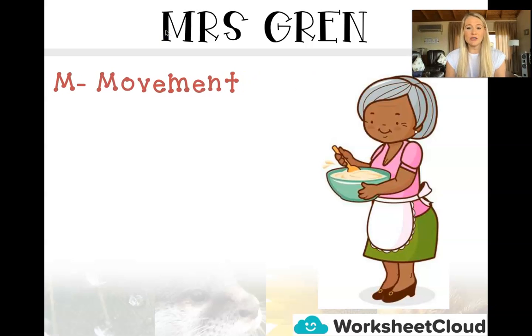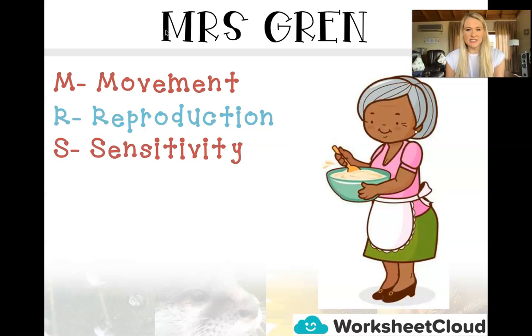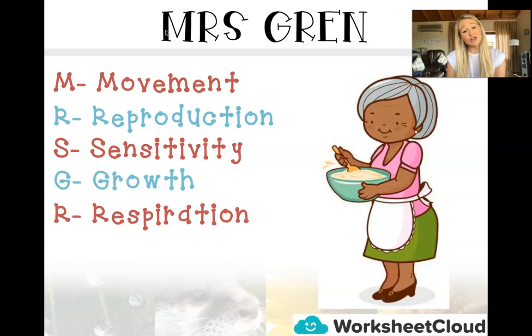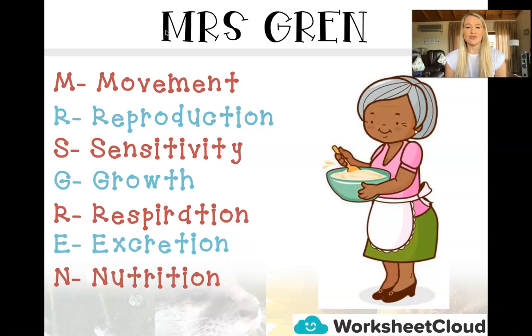So, if we have a look at Mrs. Gren, the first letter is an M, which is movement. The second letter is reproduction with the R. S is sensitivity. G is growth. The second R is respiration. E, excretion, and N, nutrition.